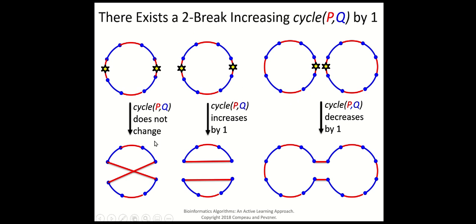And this is the repetition of the previous example, showing that a two-break can avoid altering the number of cycles. A two-break can increase the number of cycles by 1, or it can decrease the number of cycles by 1.